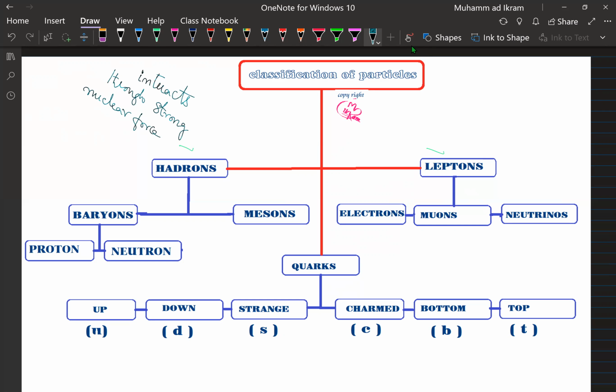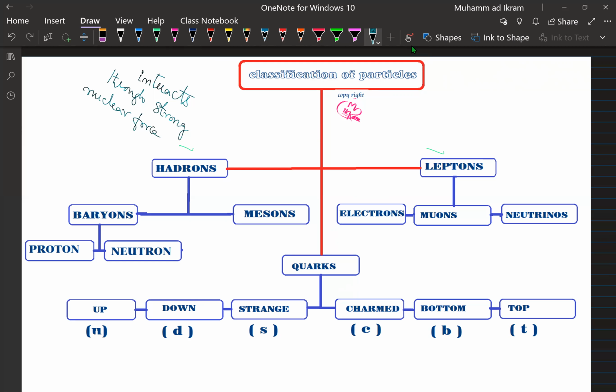They are classified further as the baryons and the mesons. The mesons have mass between that of electrons and protons, in between them.